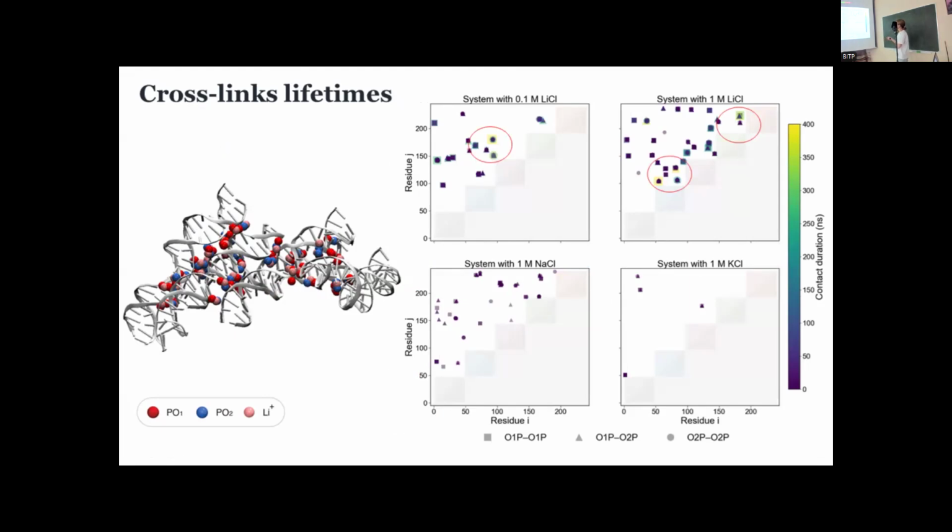We calculated the lifetimes of the observed crosslinks in the system by providing a frame-by-frame analysis and calculating the duration of the individual events.